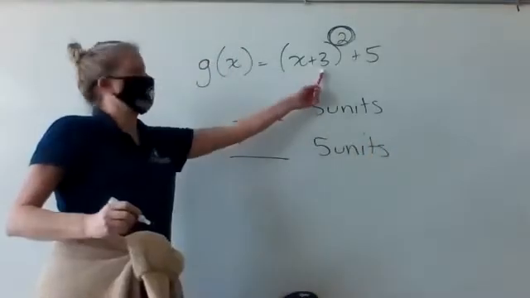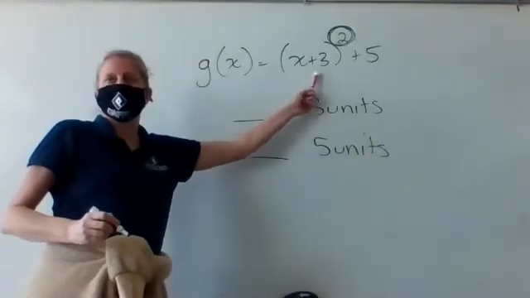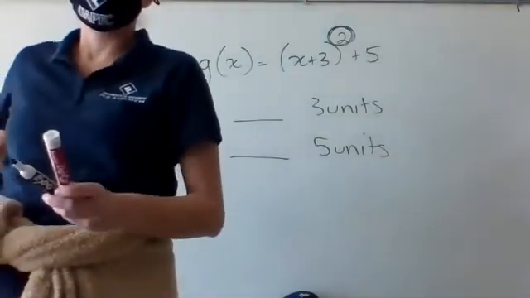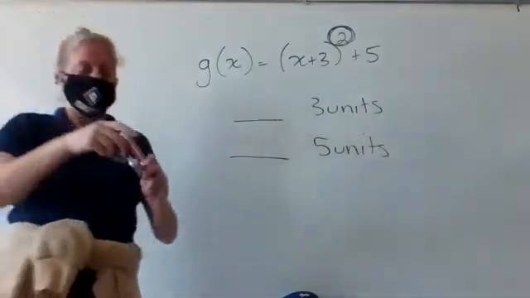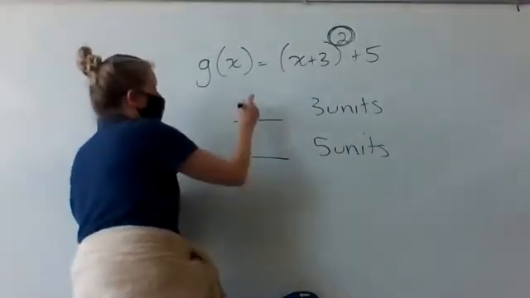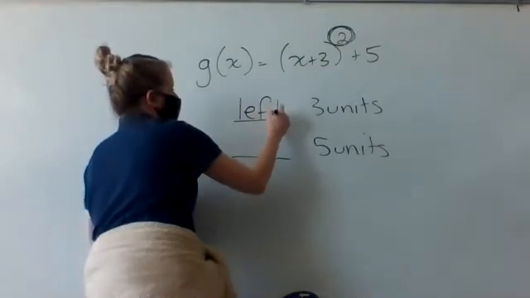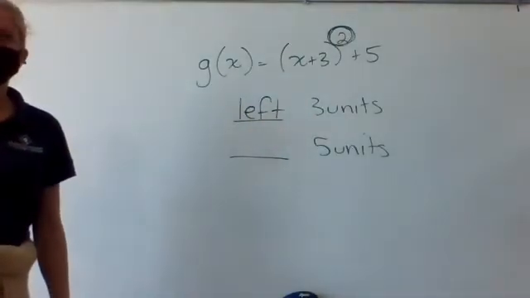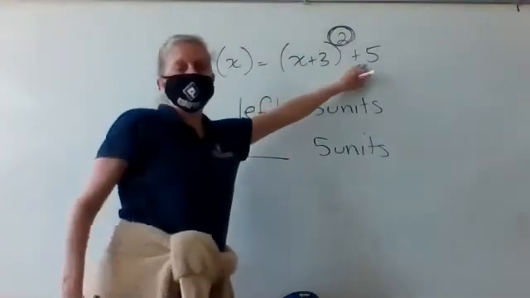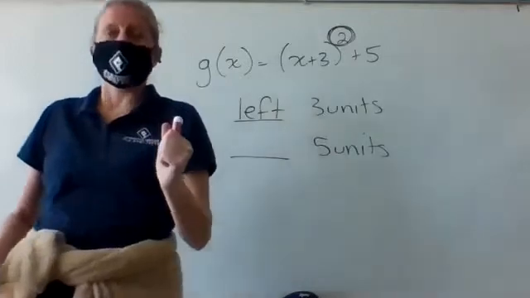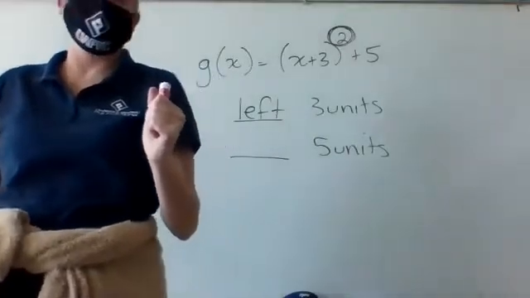So let's see, this is what's going to shift it 3 units, right? Since it's an inside number, that's going to shift it left and right, but you go opposite the sign. So since it's plus 3, I'm actually going to go to the left 3. Outside numbers shift you up and down, and you go with that sign, right?